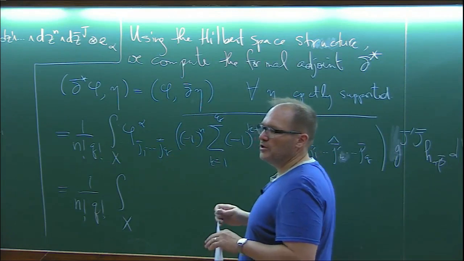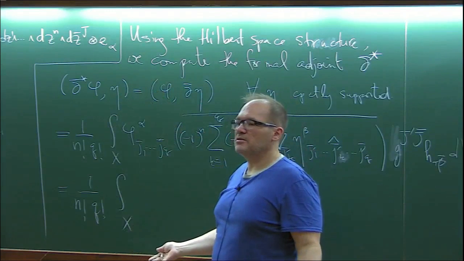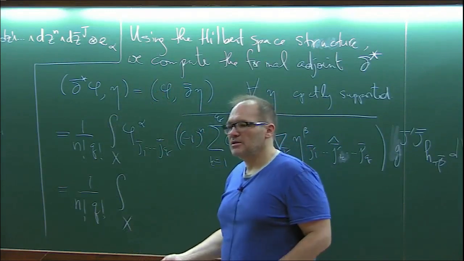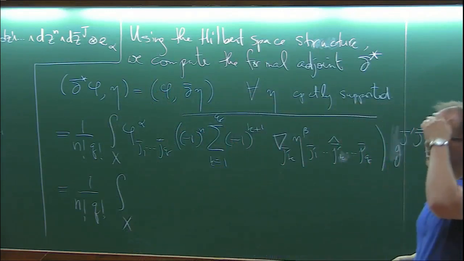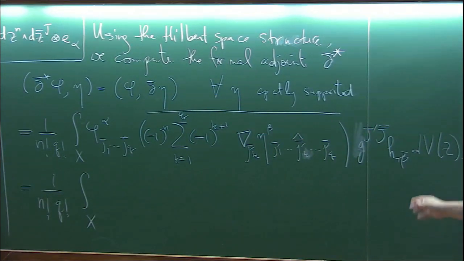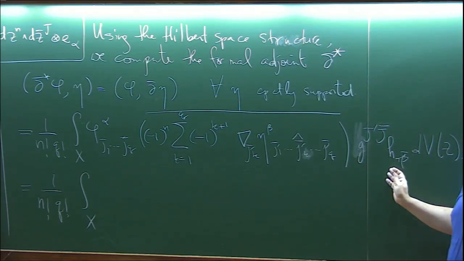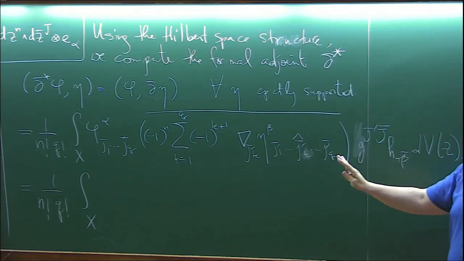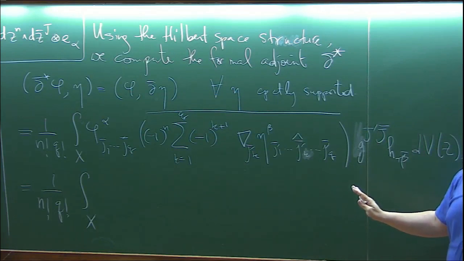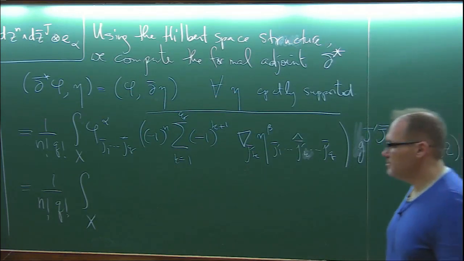So by Stokes' theorem, this is going to be the integral over the boundary of some domain that contains the support, and that's 0. So it's just exactly integration by parts. But the reason for using this connection as opposed to a derivative is that you don't have to start differentiating the metrics and keeping track of that. You know that that information is contained inside the connection. So it really simplifies the structure of the computation.